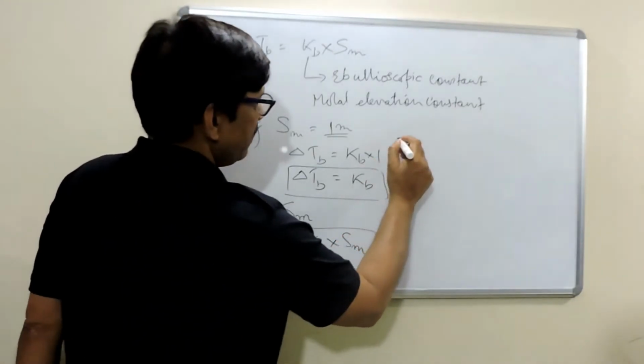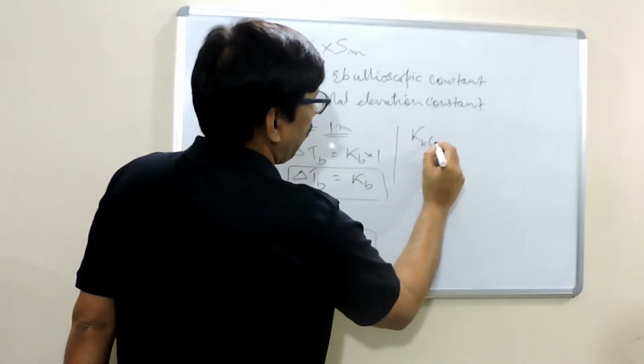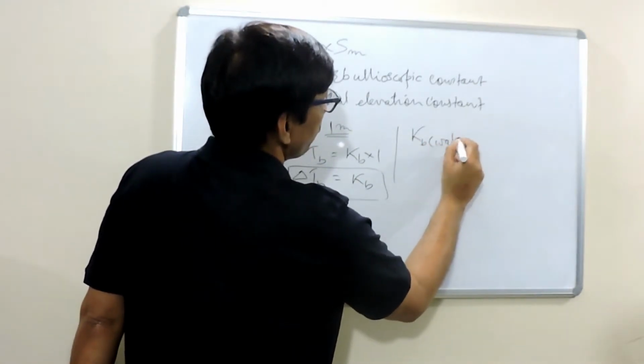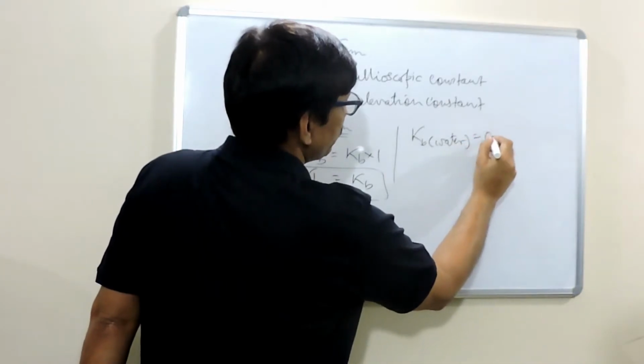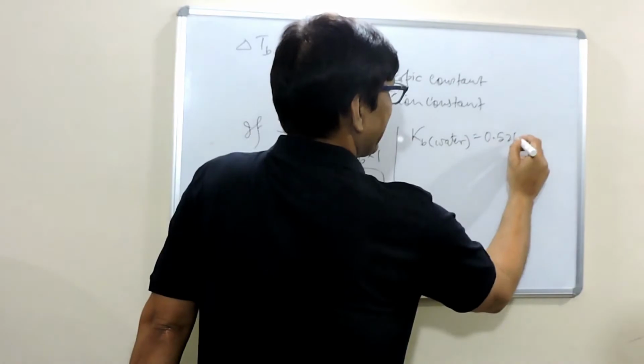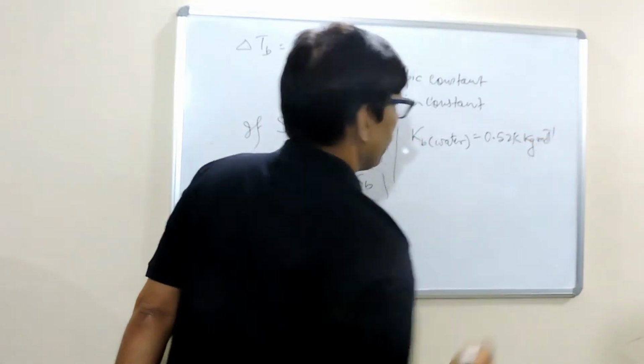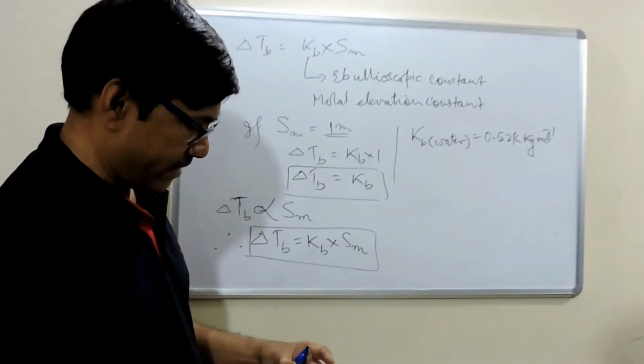For example, KB for water is approximately 0.52 Kelvin kg per mole. Now what does it mean?